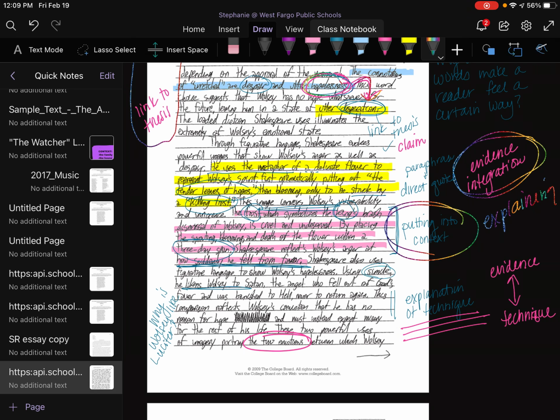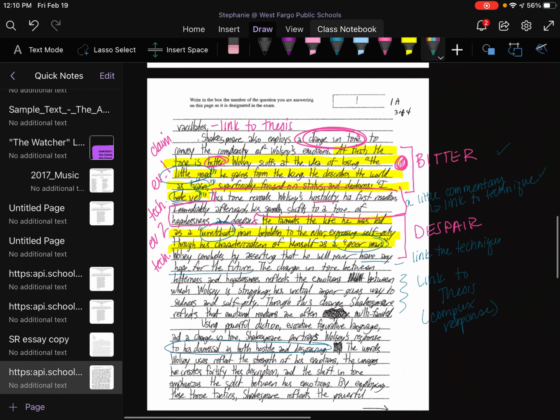In this case, the symbol or the comparison that's being made. And this is something that universally we're struggling with, is explaining what is, not identifying what technique is being used, but being able to show me what is this link between the evidence and the overall purpose, okay?